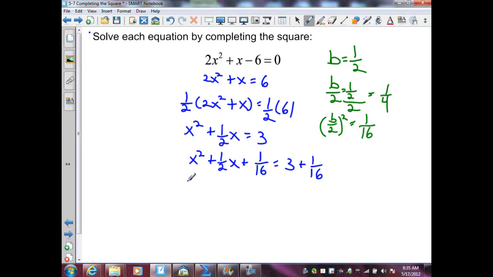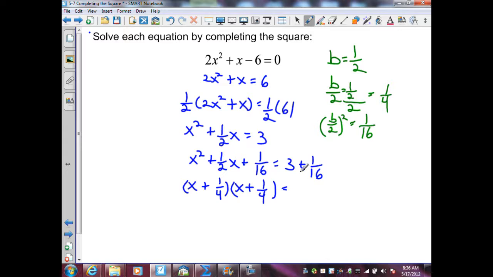Now I need to factor my perfect square trinomial. That's going to give me x and x. And 1/16 is going to be 1/4 and 1/4. And positive will give me plus plus. And I know that 1/4 times 1/4 is 1/16. 1/4 x plus 1/4 x gives me 2/4, which is 1/2 x.